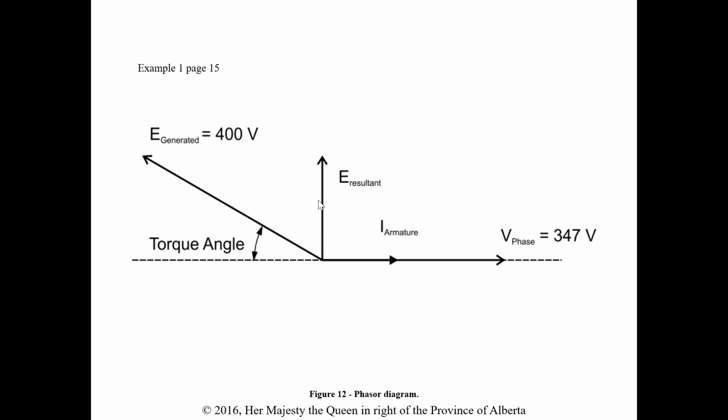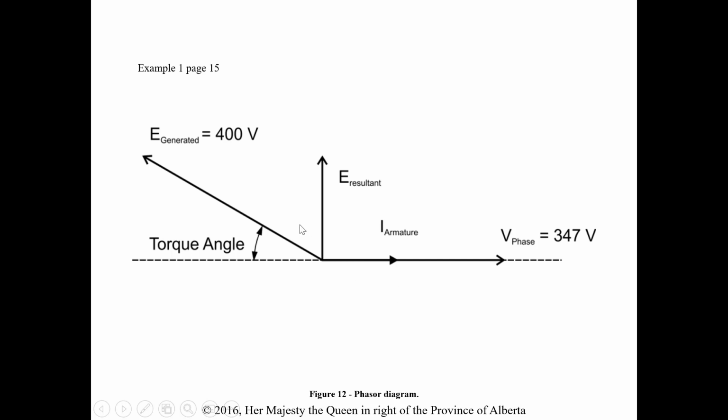Again, the resultant is the difference. In this case we're adding them together, but because the E-gen is almost opposite of the V phase, it's like the difference because of where they're sitting on the phasor diagram. But we are definitely adding these at their respective angles and then getting a resultant voltage. That's what's going through the armature winding. That's what dictates the current.